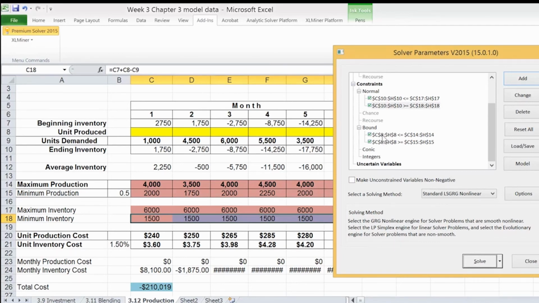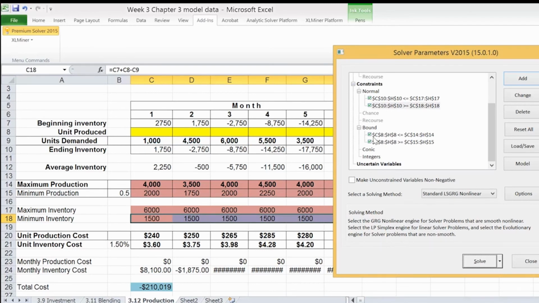Let me ask you, by just observing it, what are the bound constraints? What are those bounds? Bounds of what? Those are bounds of the, what's the C8 through H8? In terms of the model? The decision variables, right?